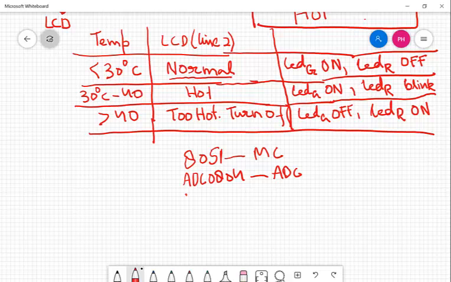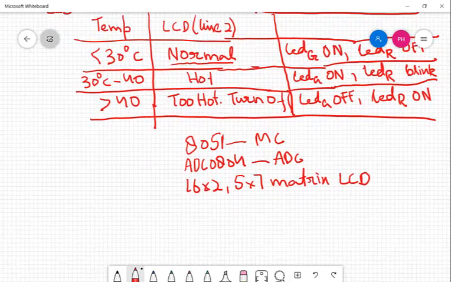For the display, we'll be using a 16 cross 2, 5 cross 7 matrix LCD. We are very familiar with this LCD, and we have also used LEDs.